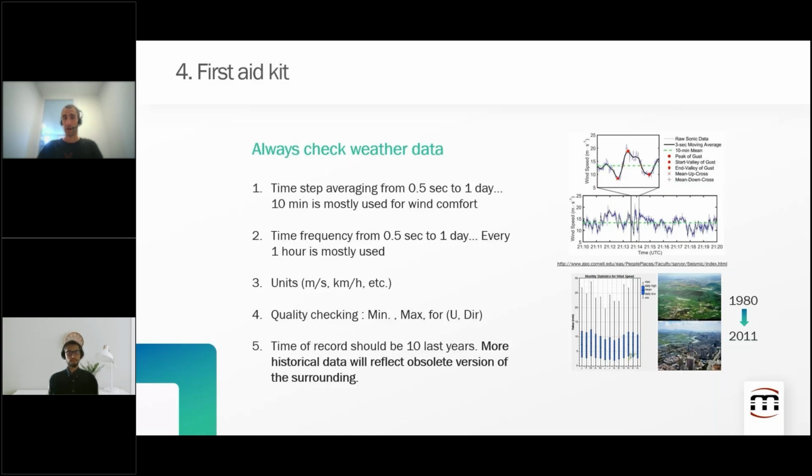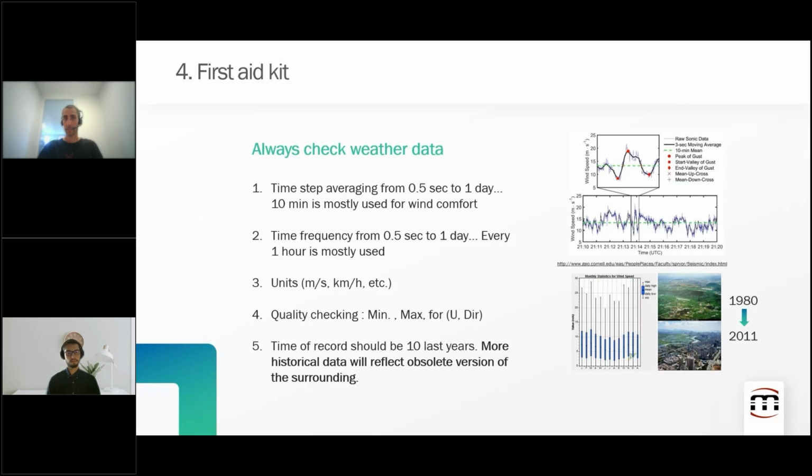So we average, and there are different kinds of average. There is an average every 3 seconds, this is the blue line. What we are going to use is mostly the 10 minutes average for wind comfort. The 10 minutes average is the most useful for wind comfort.